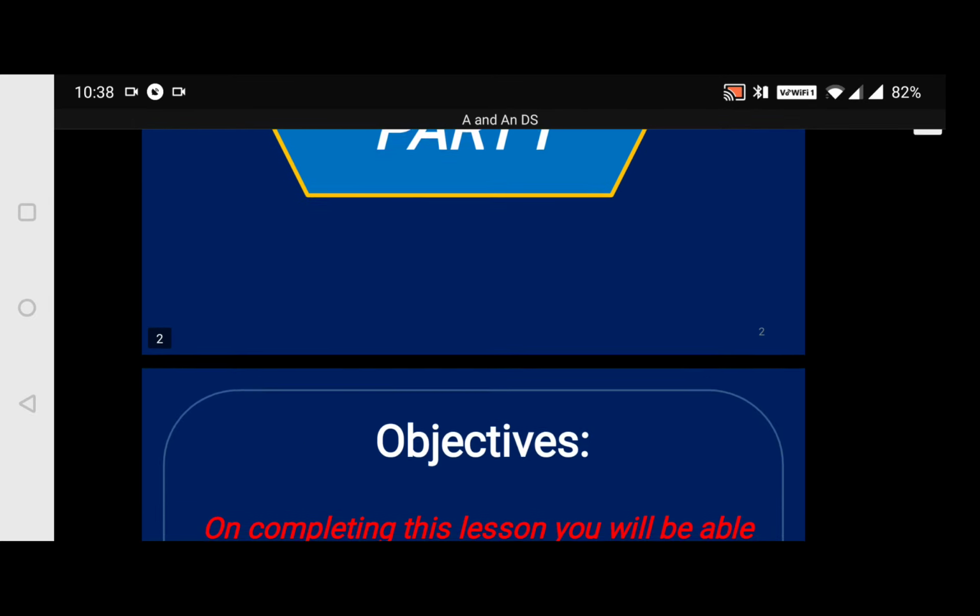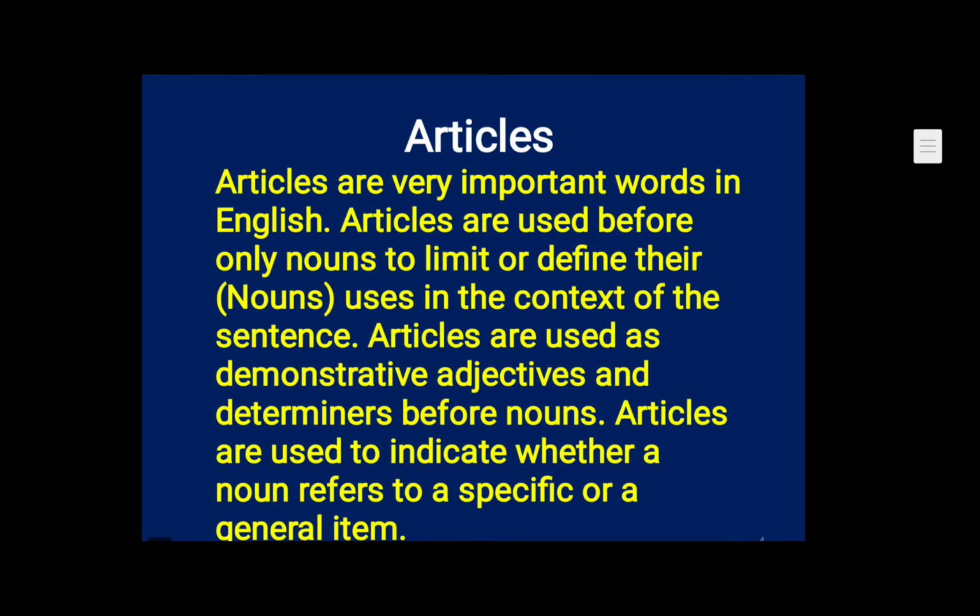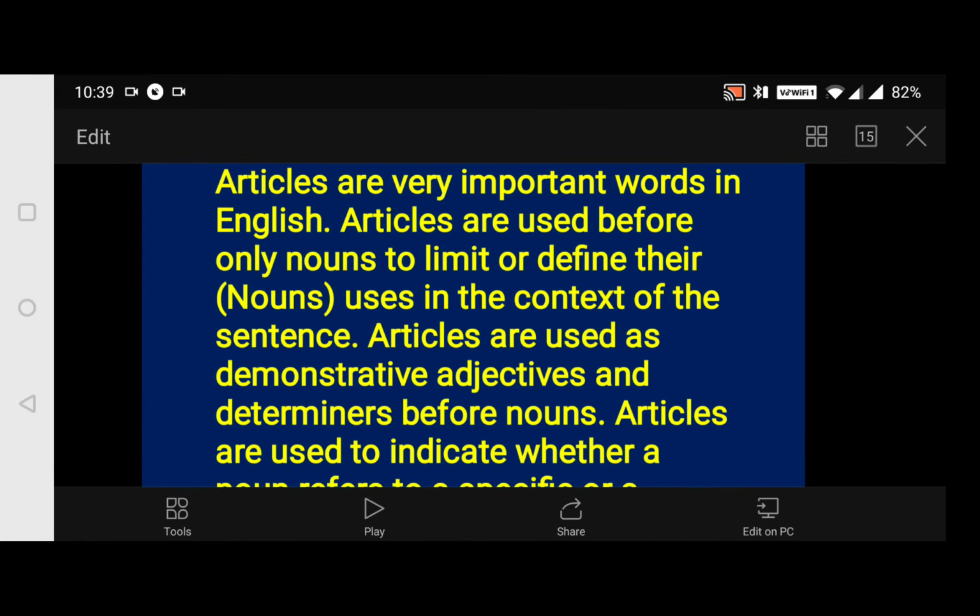So once again have a look at the definition of these articles. What is the importance of these articles? Articles are very important words in English, and they are used only before nouns to limit or define their uses in the context of a sentence.